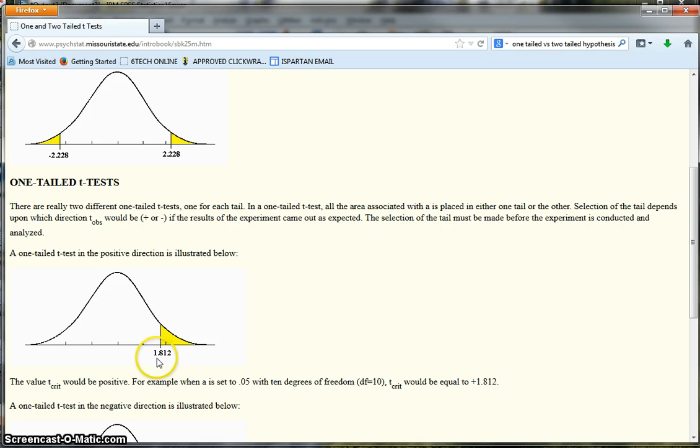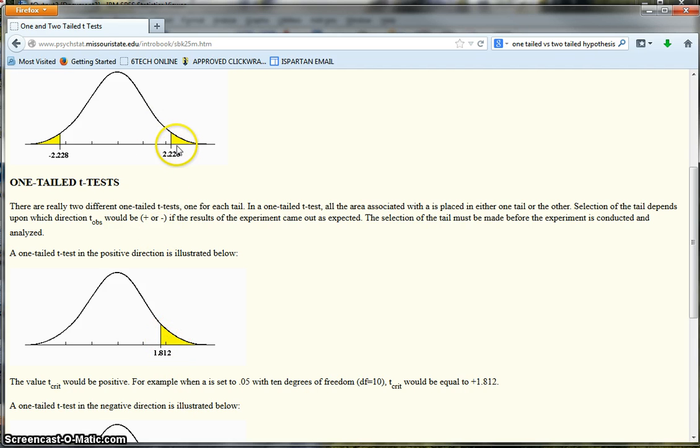And that means there's a smaller t-value associated with that probability. Let me just say that again. When we have a one-tailed test, that is, when we have a directional hypothesis, we get to pile all of our probability on one side of the distribution. That means that we don't require as large of a t-value in order to achieve that 0.05.